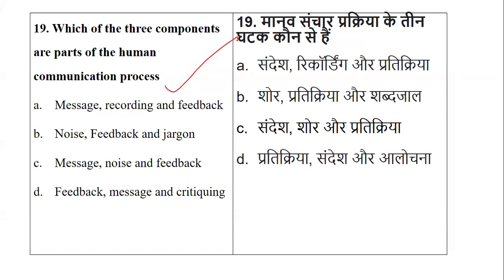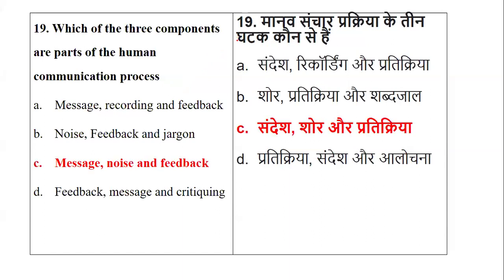If your communication cycle concept is very clear, you will be able to answer this question easily. The three important components are the message, noise, which is a disturbance or distraction but still a component, and the feedback. These are the parts of the communication process.